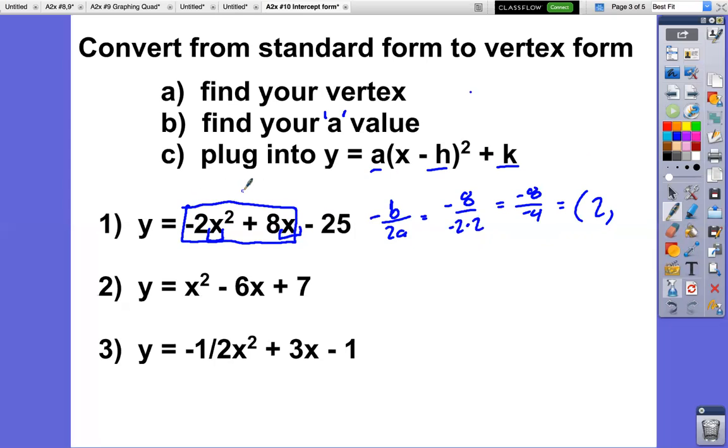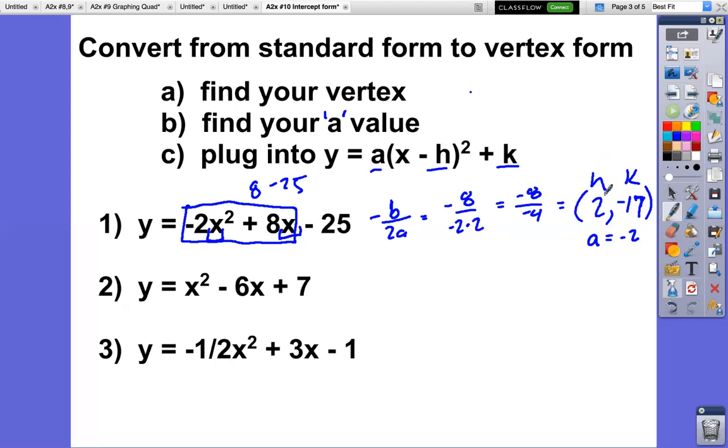So when I put those together, I get +8 minus 25, which is -17. By the way, what was my A value? -2.